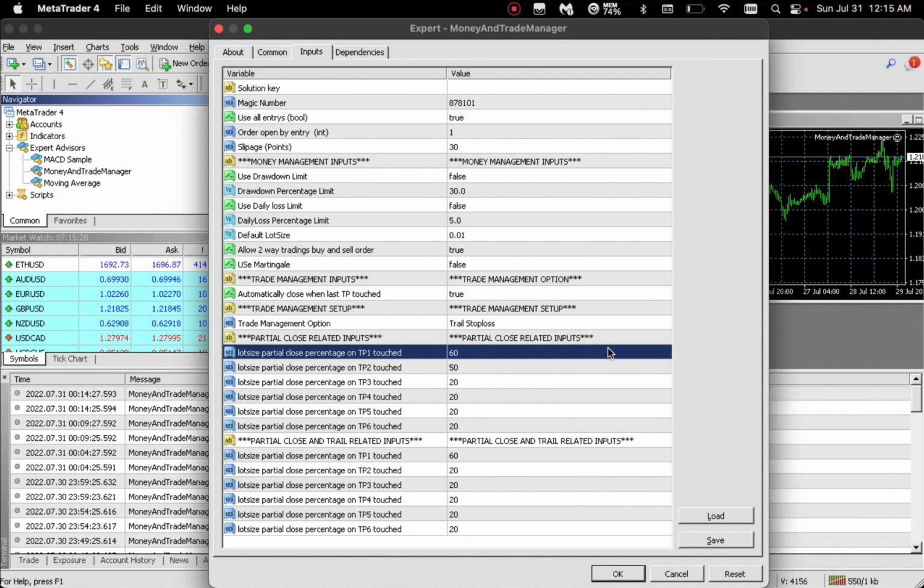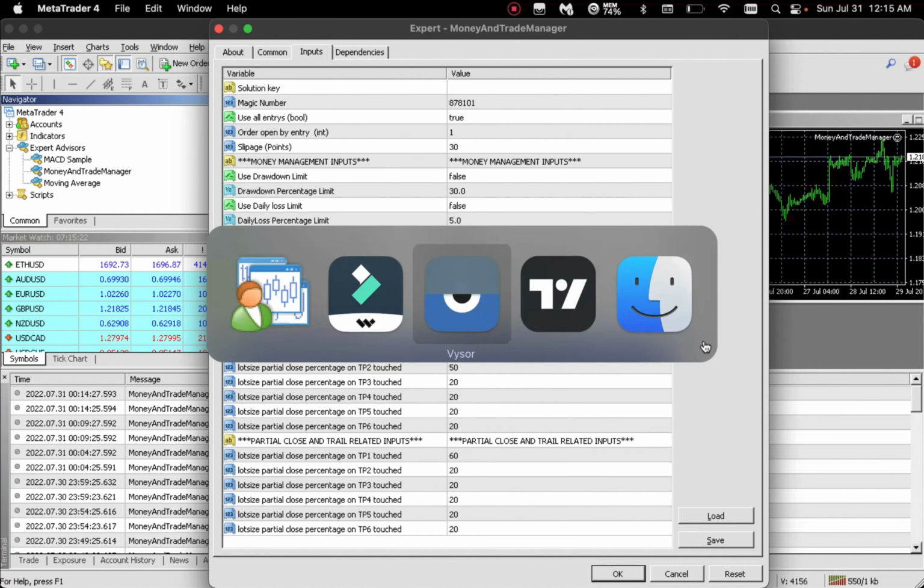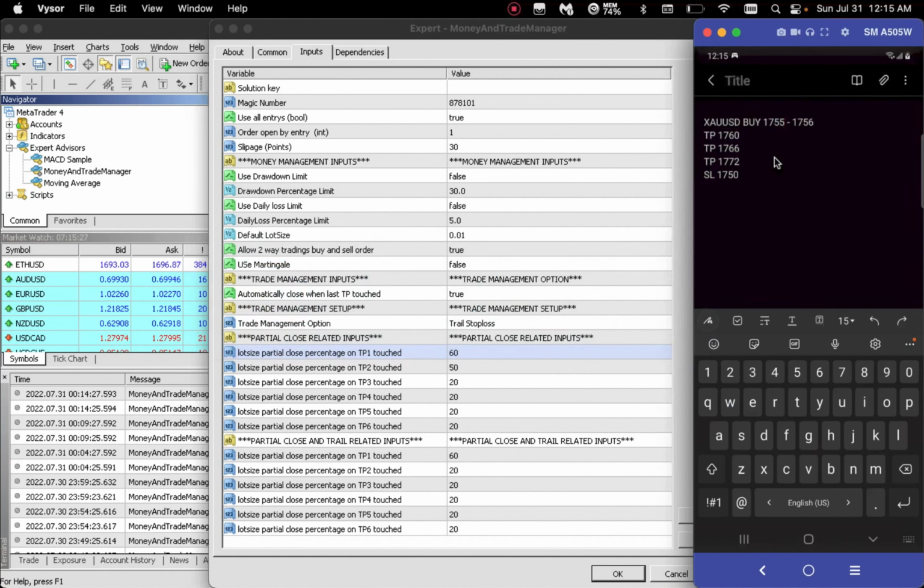So let's say we have this trade and we open it, and take profit 1 is reached, then the stop loss is moved to break even, and then when TP2 is reached, the stop loss is moved to TP1, and when TP3 is reached, the stop loss is moved to TP2.